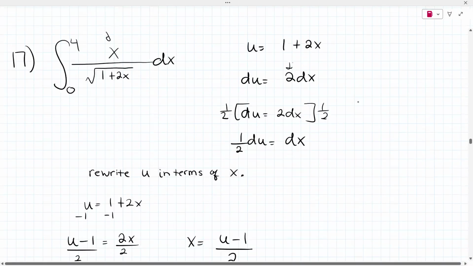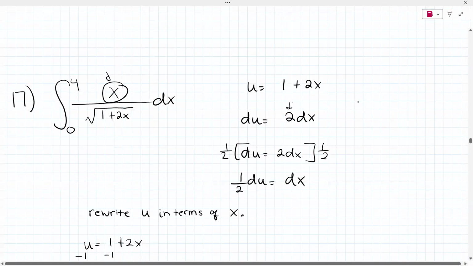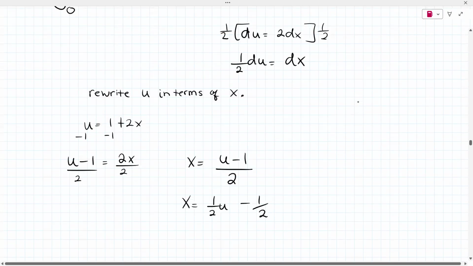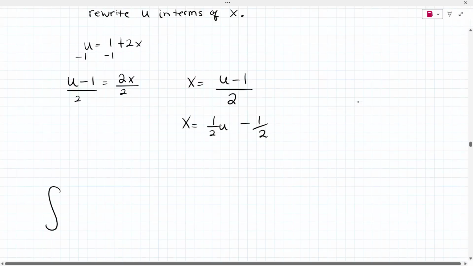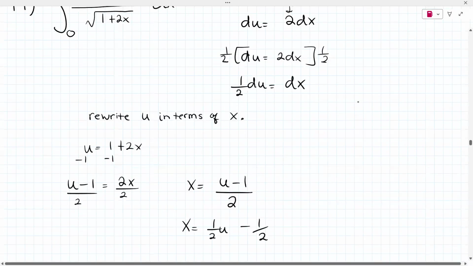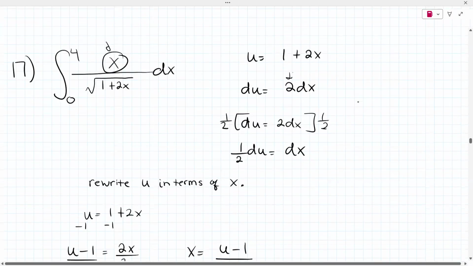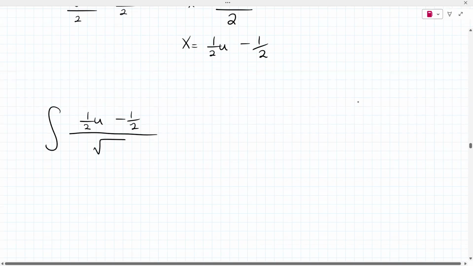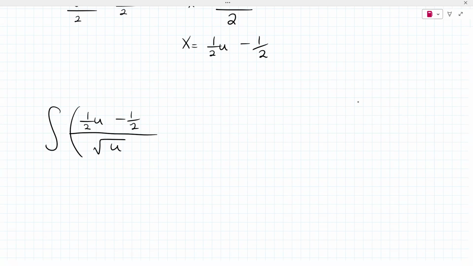Do you see this? I'm going to replace this x with 1/2 u minus 1/2, and then replace 1 plus 2x with u. So this would just be the square root of u. I'm putting it in terms of u.